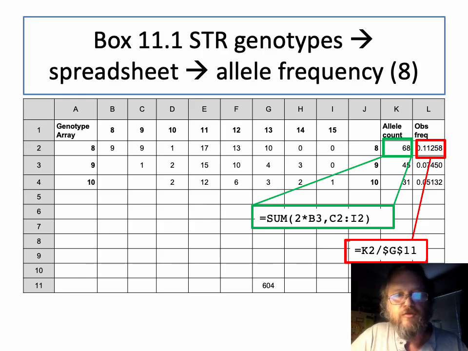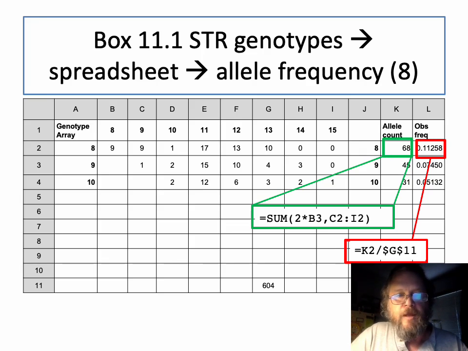All right, so the example in the book is describing how to get the allele frequency for 8. So as a reminder how to read the table, this first row, those are the alleles, and in this first column, those are the same alleles again. I've only shown a few rows, but this goes 8, 9, 10, all the way down to 15 again.